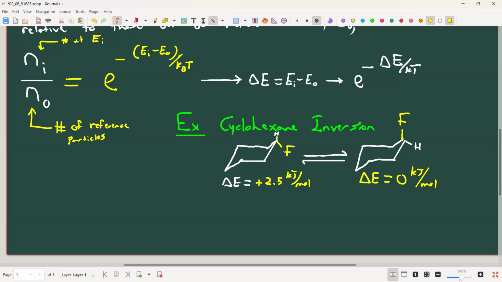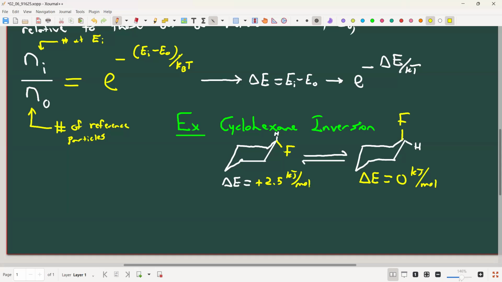Well, you could calculate an equilibrium constant because you know the energy difference, but you don't even need to do that here because we're equilibrated to a specific temperature. The molecule can be in two energy states in this perspective. It can be in its low energy axial state or its high energy equatorial state.